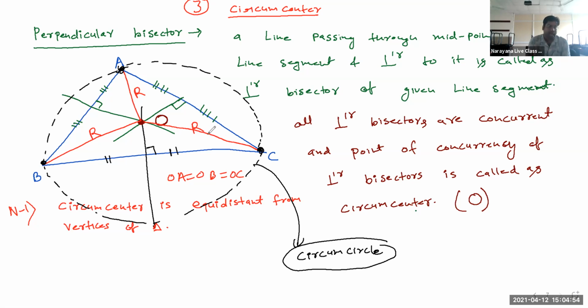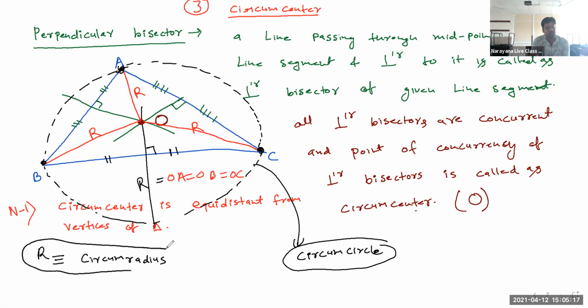And capital R, or you can say OA, OB, OC equal to capital R, is called the circumradius of triangle ABC. Circumradius. Got it or not?